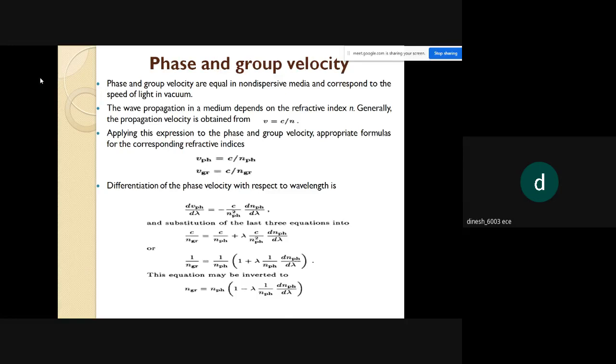So differentiation of the phase velocity with respect to wavelength becomes dVph divided by d lambda is equal to minus C over n square pH into dn pH divided by d lambda.